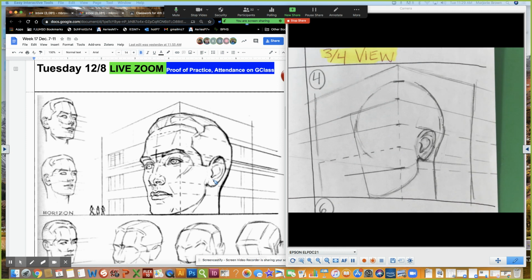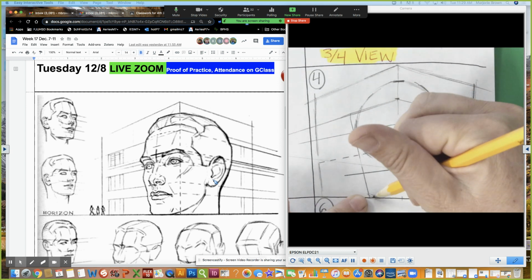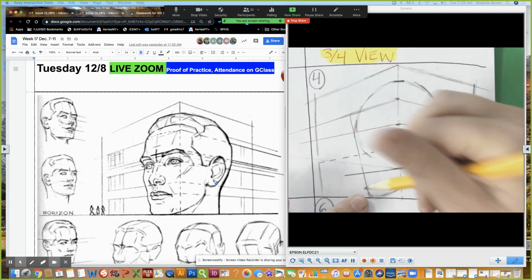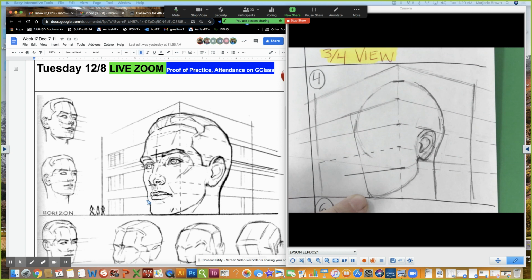All right, I want to start working on some other things here. I'm going to work all along this line where the jaw is. So I'm looking between here and here. It goes out and then it goes in, out, and in. It's like a little wavy line right here. So I'm going to try to draw that in between jaw space.